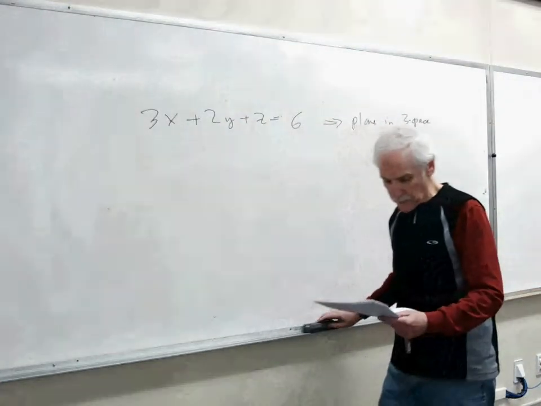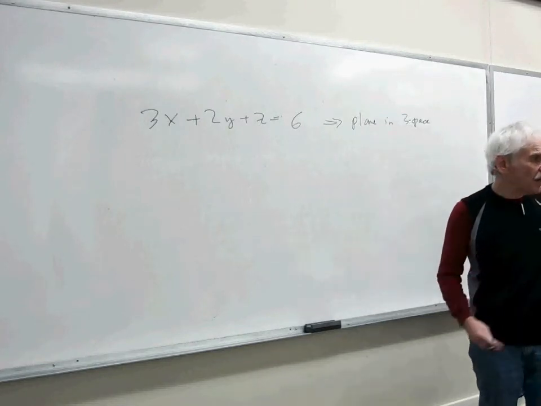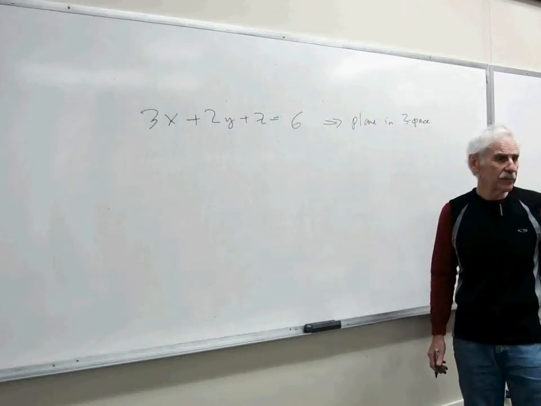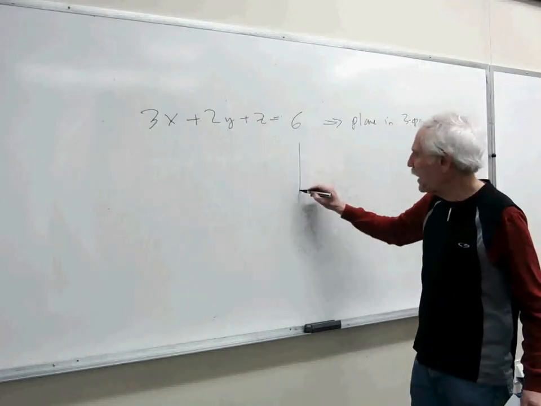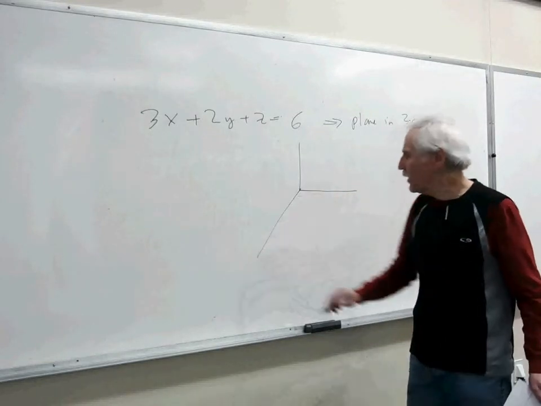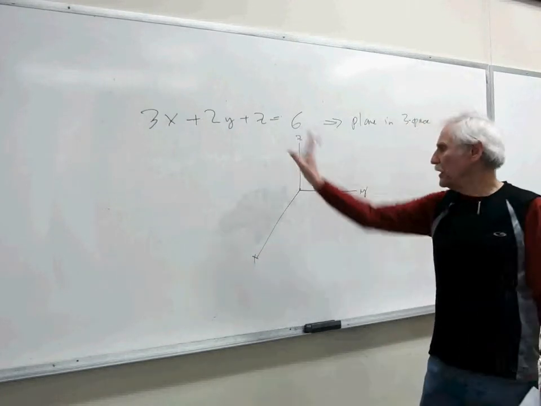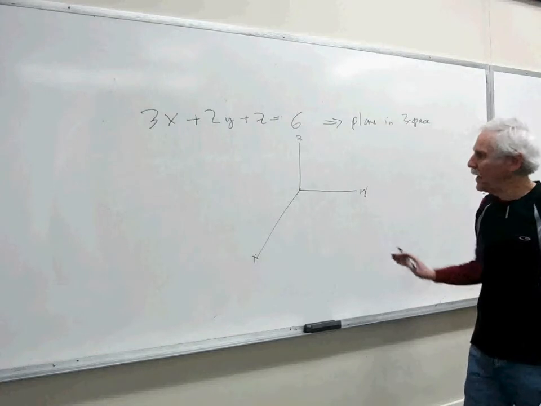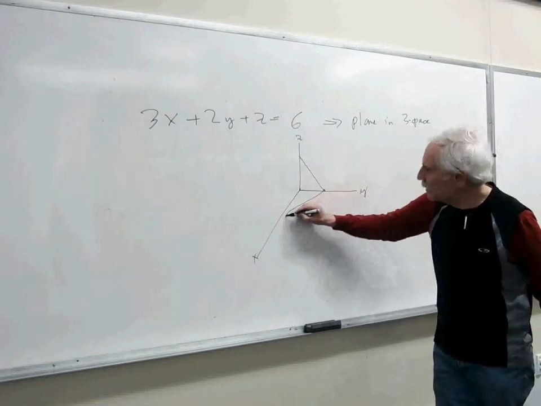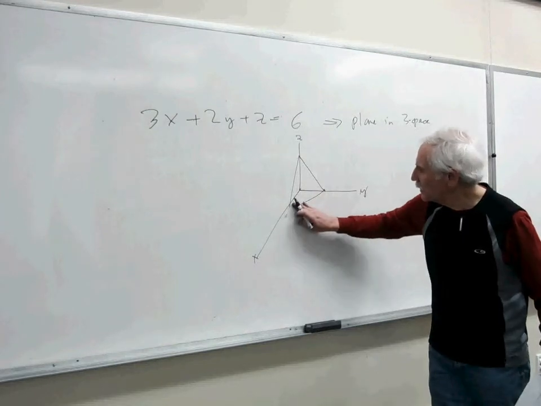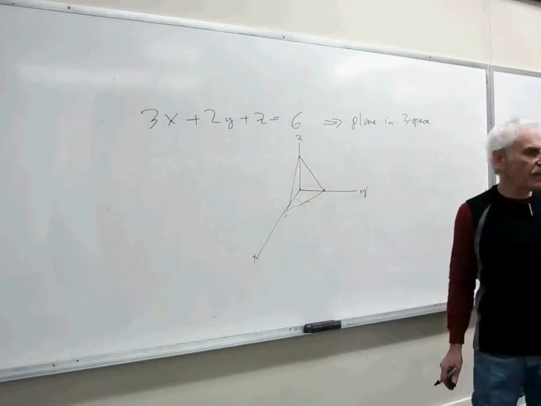Okay, so what kind of object is it? It is a plane. A lot of people said it was a triangle. That's why I put the diagram, because you said 3 space. There's a plane slicing through that, and if you slice through this, you get a picture of a plane moving through that space.